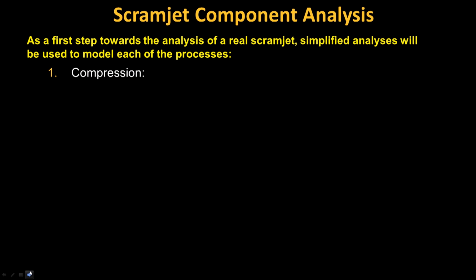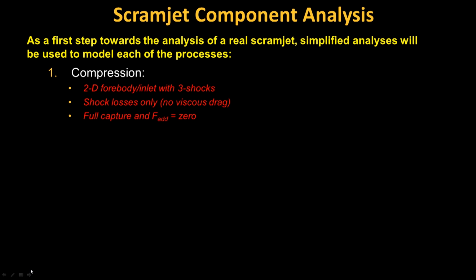Firstly, compression. In this analysis, we will model the forebody and inlet as a two-dimensional three-shock process. We will include shock losses and assume full capture of the flow and that the additive drag is 0. Secondly, combustion.